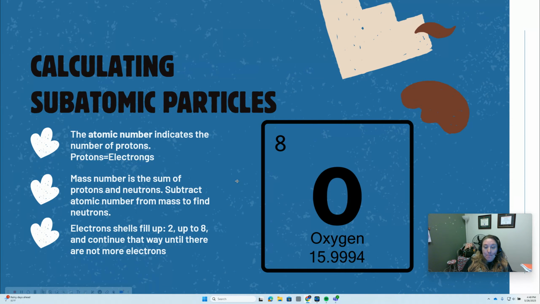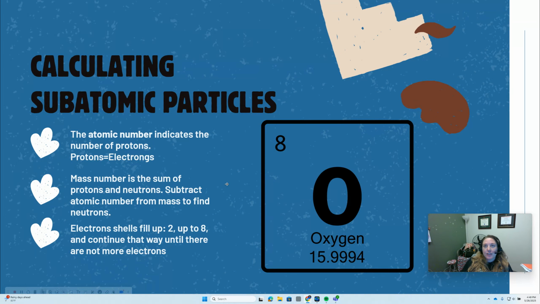And then the mass, which is this number here at the bottom, is going to be the protons plus the neutrons. So we subtract the atomic number from the atomic mass, and we're able to get the number of neutrons. Then, we want to figure out where our electrons, which also match this atomic number, are.